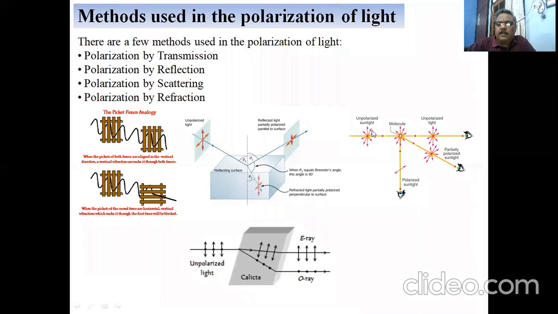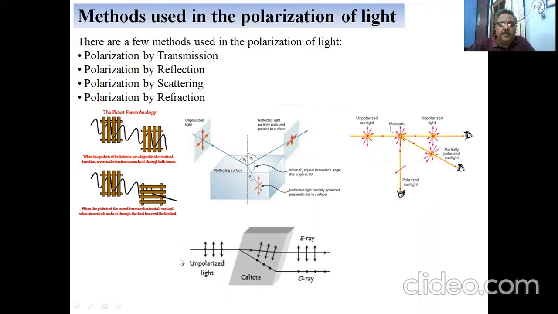Now let's see scattering. If unpolarized light is incident on a molecule, then there will be two beams. The beam which goes on as such will be the unpolarized light, and the scattered beam will be the partially polarized one. And if the angle is 90 degrees, then it will be polarized.